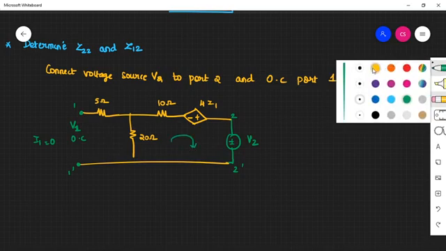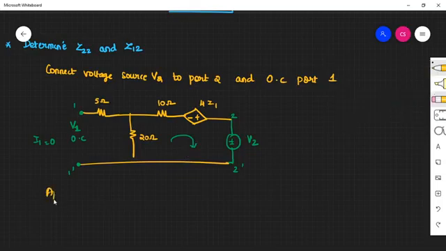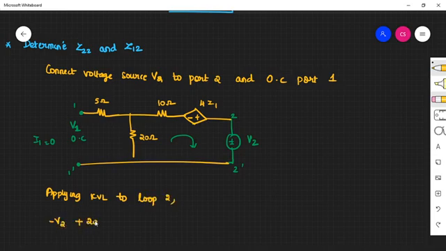Now as usual let us apply KVL to the second loop. Applying KVL to loop 2, what we get is minus V2 plus 20 I2 plus 10 I2 is equal to 0.